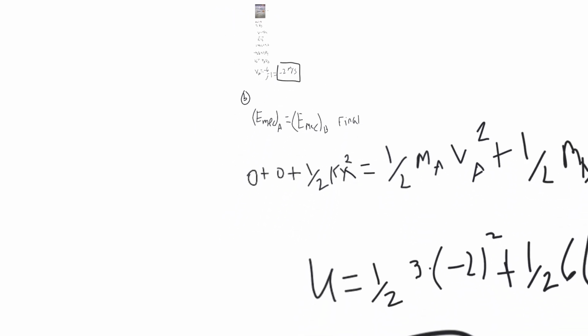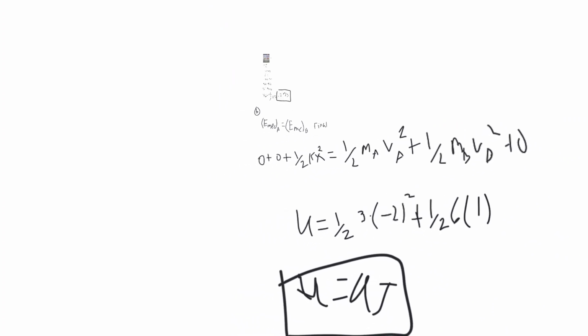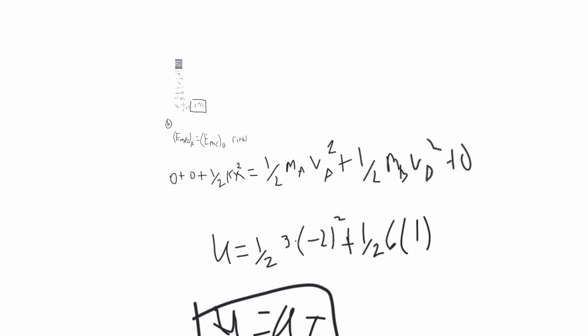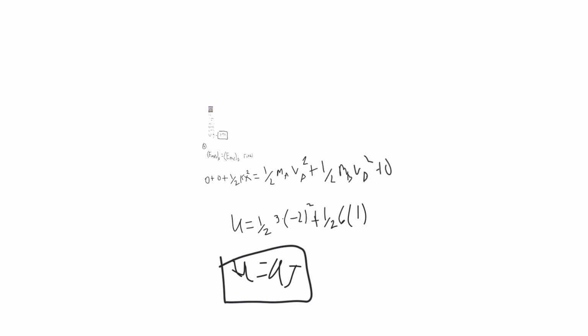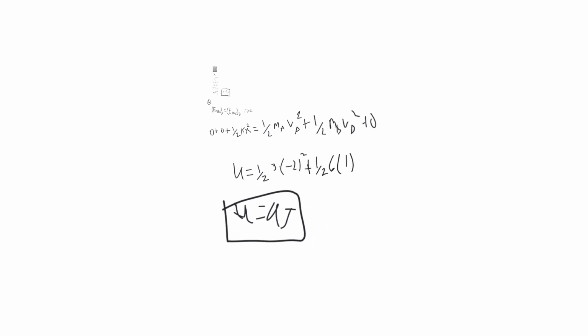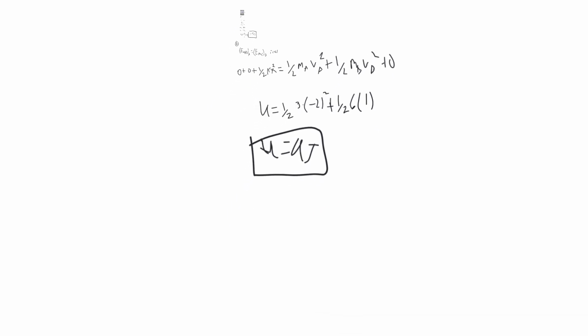And we know that we're going to have 0 kinetic energy initially, plus the half kx squared, and then that's going to equal half m_A v_A squared, all the stuff we did before, plus half m_B v_B squared, plus 0. And we just start plugging those things in, and we get that the potential energy is going to be equal to 9 joules. And that should be everything.